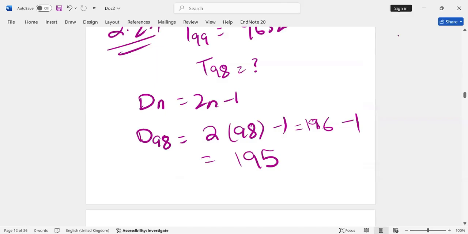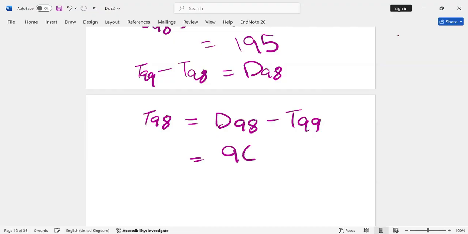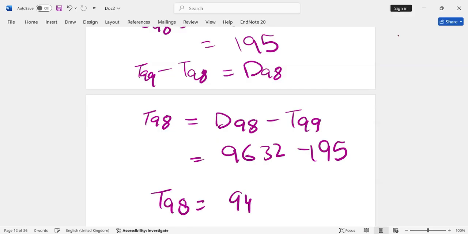Okay, so we know that T99 minus T98 equals D98. So we say that T98 equals T99 minus D98. We have 9632 minus 195. So the value of T98 is equal to 9437. And this is the required answer for this question.